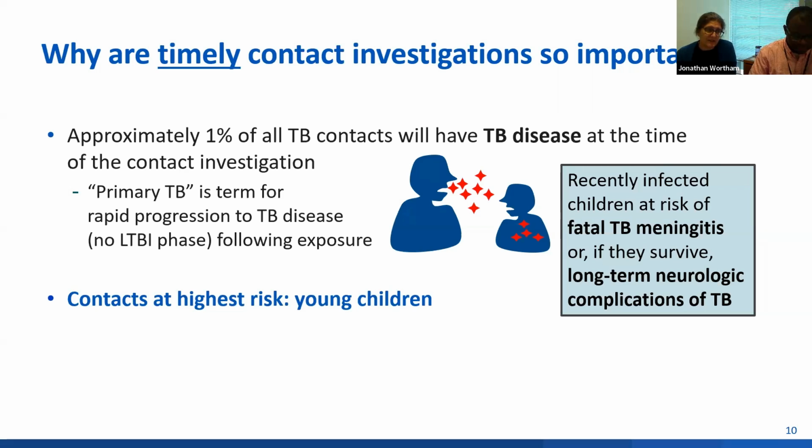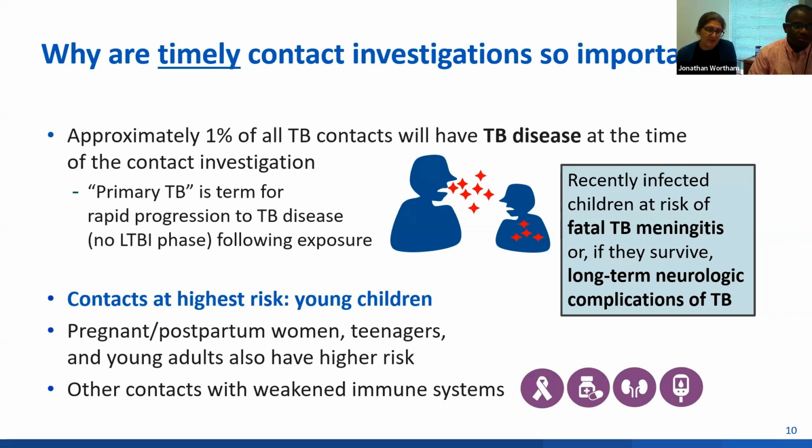And in fact, unfortunately, we're speaking from experience because this year we've been involved in several large outbreak investigations where it was the children who were the tip-off that there was a problem. There were a lot of kids with clinical TB early in the investigation.